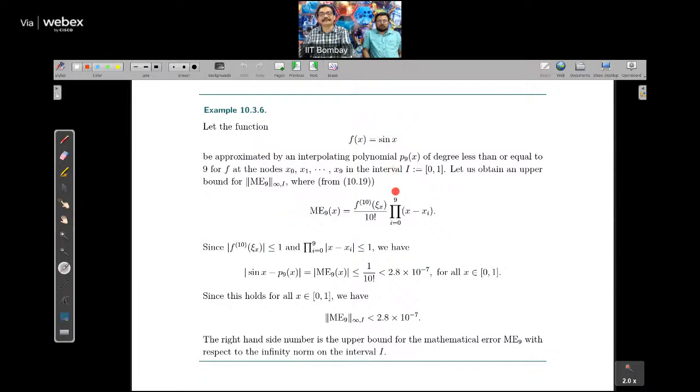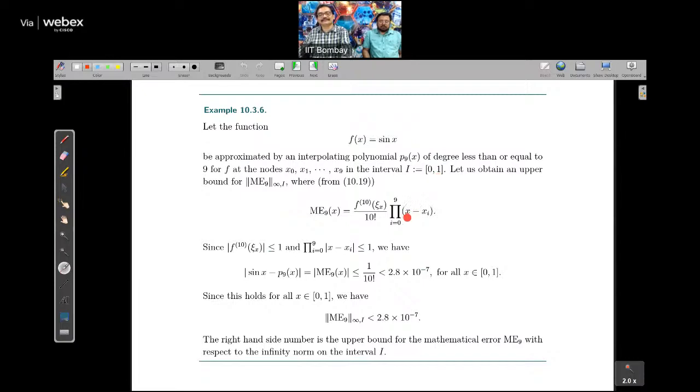For the ninth degree polynomial, this product is a 10th degree polynomial. Finding the maximum of the modulus of this 10th degree polynomial is going to be very difficult, right? But luckily, we are only interested in the interval 0 to 1.